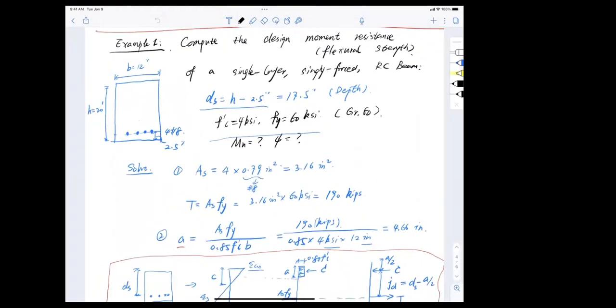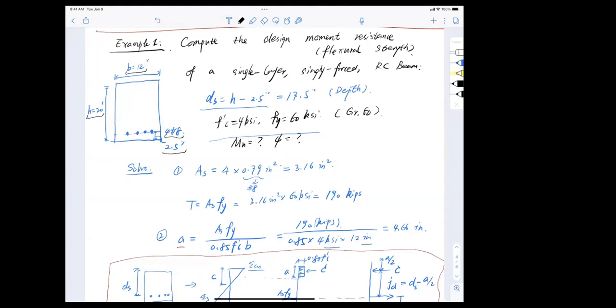When I say the section is given, I mean the geometry of the section, which is the width, the height, and the concrete cover, and the rebars, their size and distribution, everything is known. So this is called an analysis problem, and we're only responsible for finding the flexure strength Mn.